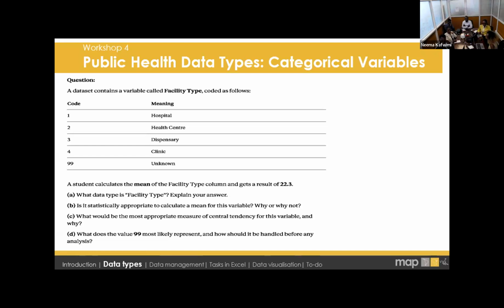Kaiser said ordinal. Someone else? Kasim said categorical.